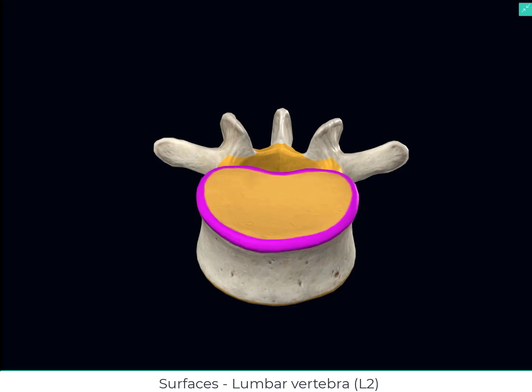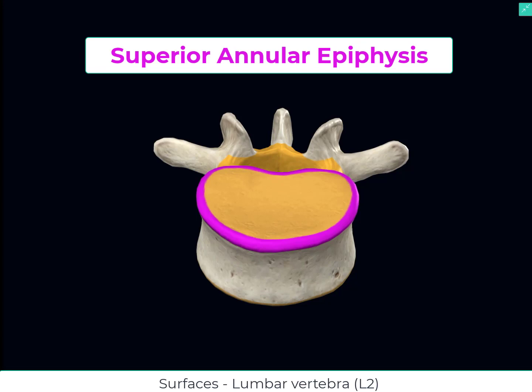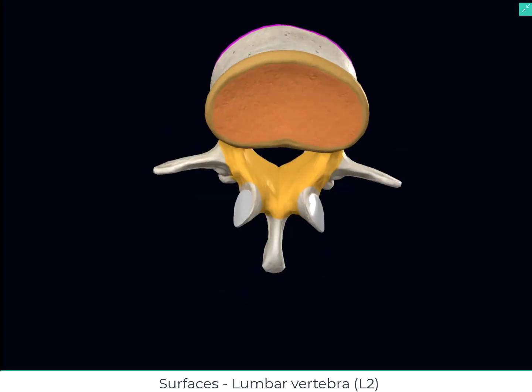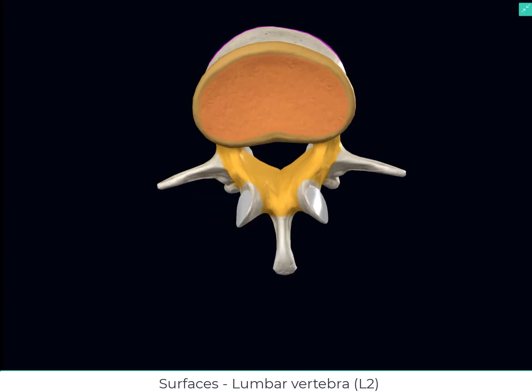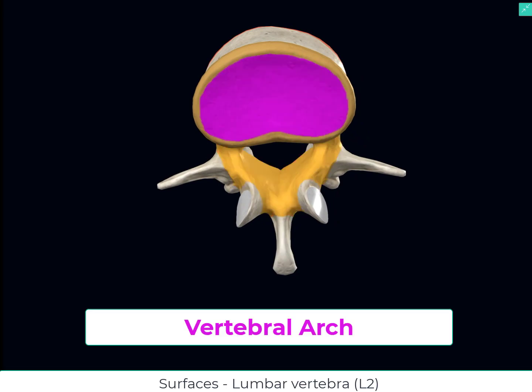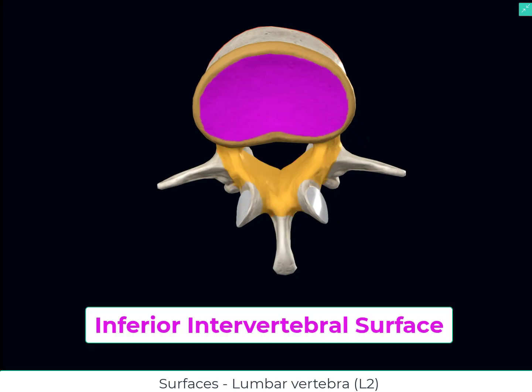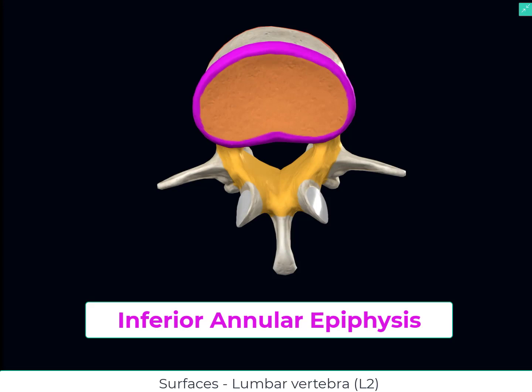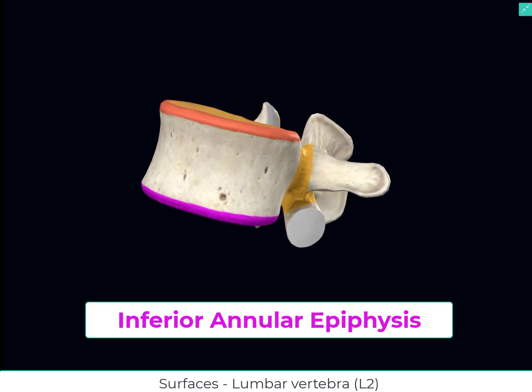We are going to call that the superior annular epiphysis. We call that annular because it looks like an annual cycle, yearly cycles, because it looks like a circle. That's why. And if we look from inferiorly, we are going to see the vertebral arch. We have the inferior intervertebral surface, and around that, we have the inferior annular epiphysis. That's it in terms of the surfaces.